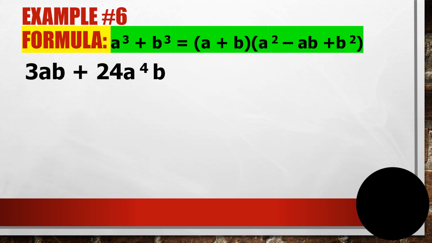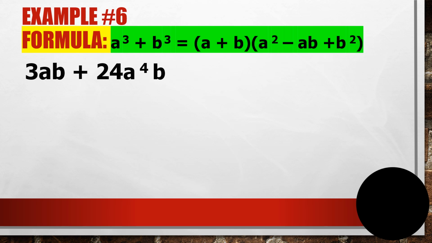And sometimes, there are problems that may not appear to be factorable by sum of two cubes. So if you see something like this, let's try to take out the common factors. So in short, we will use first the common monomial factoring to get the GCF, the greatest common factor.